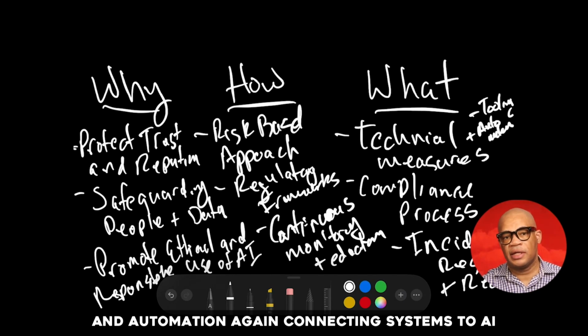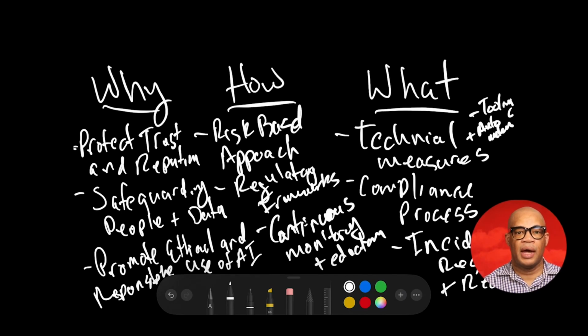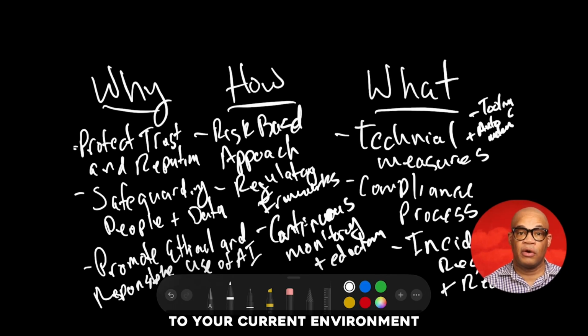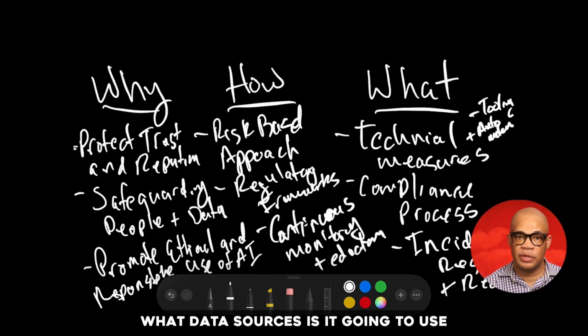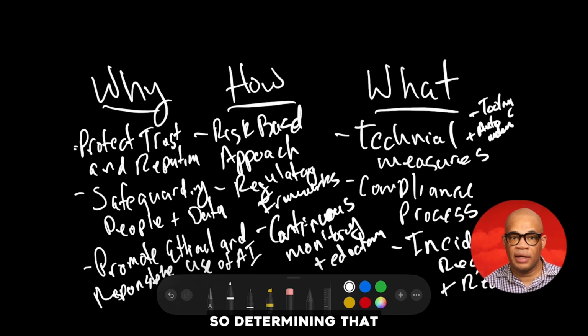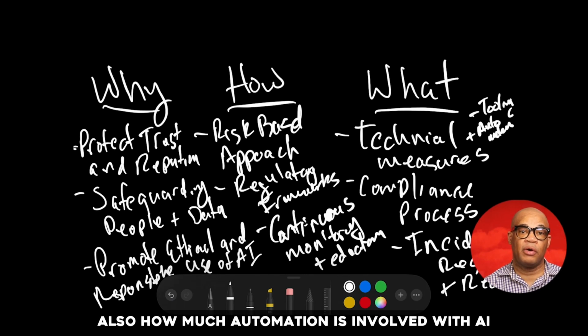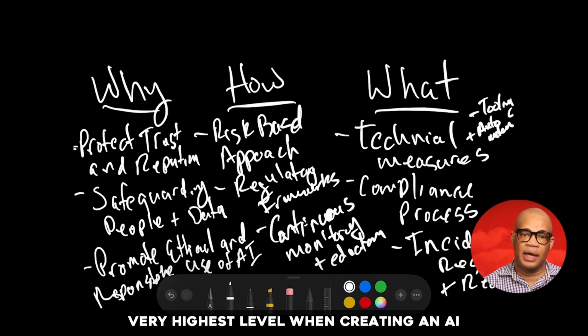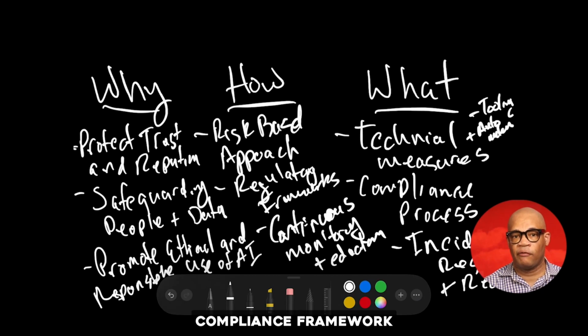Again, connecting systems to AI. How exactly is AI going to connect to your current environment? What data sources is it going to use? So determining that, also how much automation is involved with AI. These are questions you want to ask at the very, very highest level when creating an AI compliance framework.